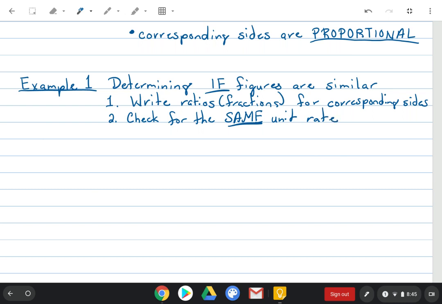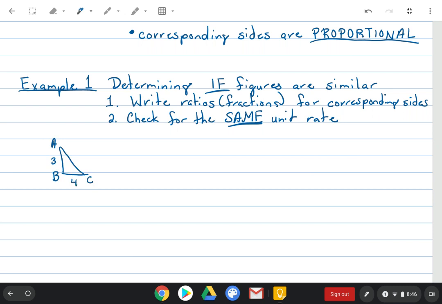So I'm going to draw 3 different triangles here, and we're going to try to identify if any of them are similar, and if so, which ones are similar. So here are my triangles. And this is triangle ABC. And we have side lengths of 3 and 4 right here.